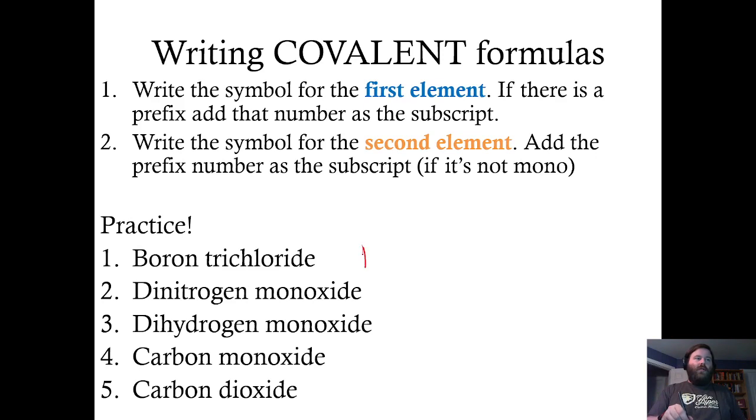So finally, do some practice with these. Okay, boron trichloride, so it's chlorine, and there are 3 of them. Okay, dinitrogen, so that's N2. Monoxide, so just 1 oxygen. Dihydrogen, okay, I believe this is the example we just did, and 1 oxygen from monoxide.